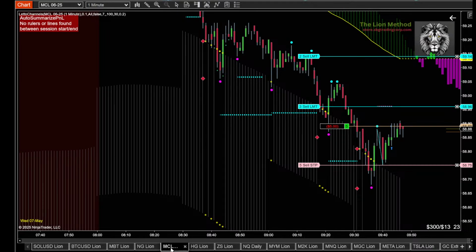All right, go back to our crude. Let's see if we can get some movement out of here. Else, I'm just going to be bailing out. Pull the ripcord. And if I get exit, I can always get back in, right? I can get back in on a break above this swing high up here.